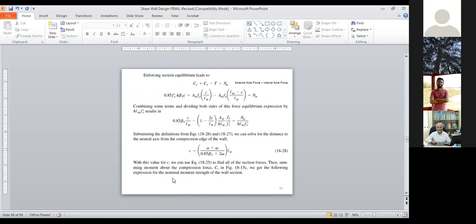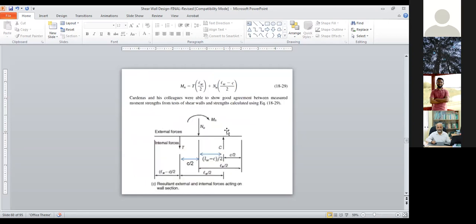If you take the moment, summing the moment about the compression force, so you take moment here at location c, you will have the Mn, and then the Nu times (Lw minus c) divided by 2. This is the moment term. Also you have T coming from the tension steel, and the moment term is Lw by 2.